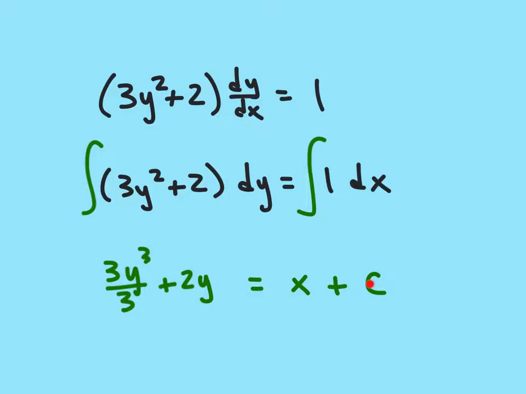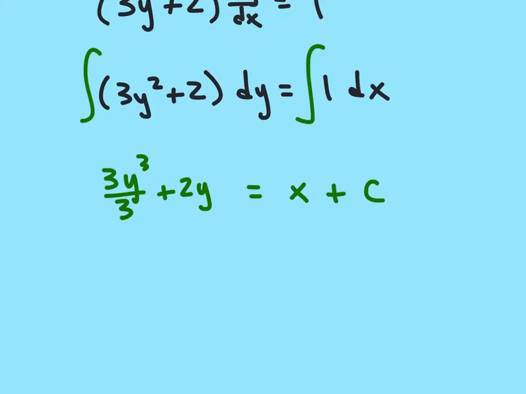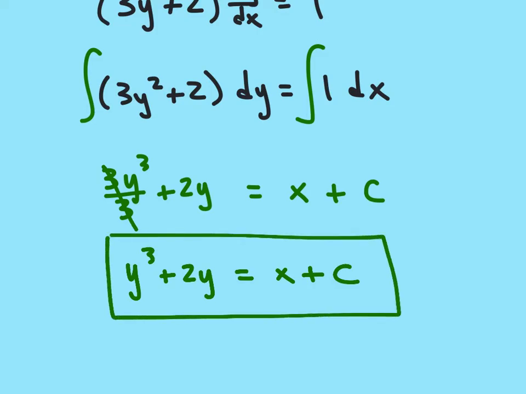Kind of weird, kind of confusing on that, but that's the idea. So from here, what we could do is divide out our 3's, okay? So then you have y cubed plus 2y is equal to x plus c, okay? Now, we call this our general solution, okay?